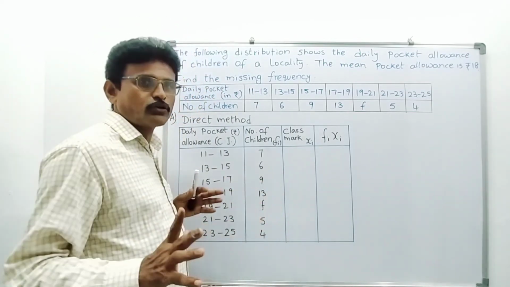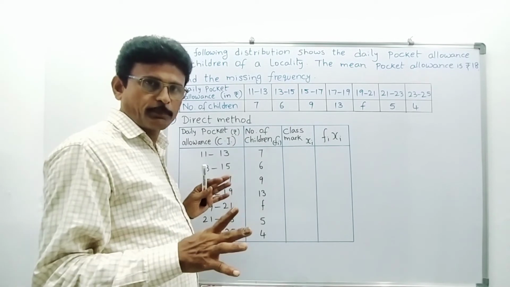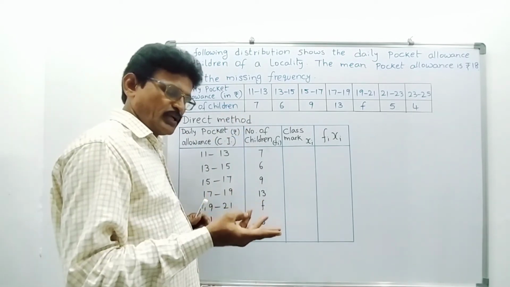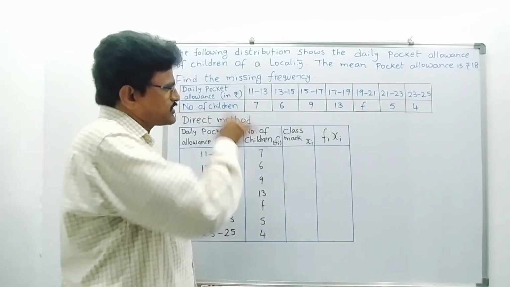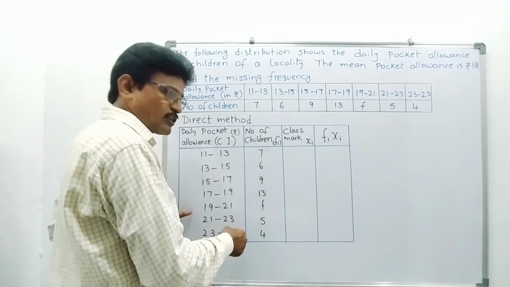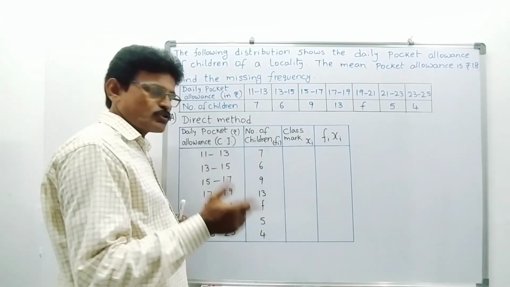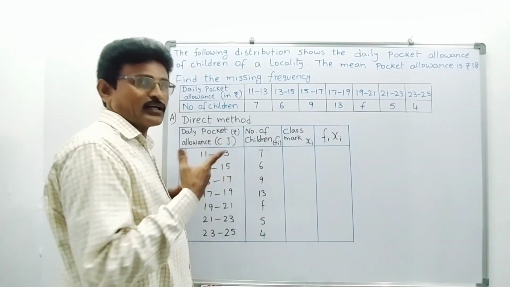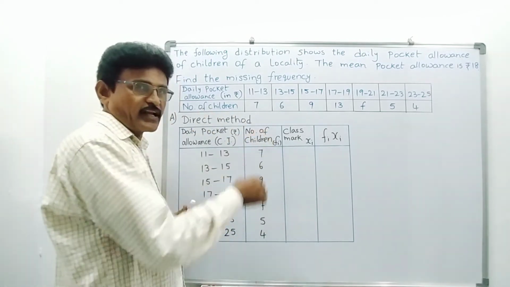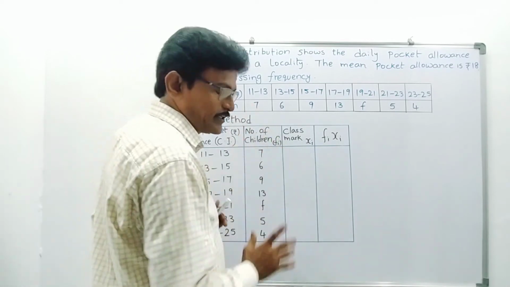So first of all, what do we have to do? The problem is given in horizontal rows; we have to immediately write vertical columns, whether it is mean, median or mode. First, write the horizontal rows as vertical columns. First one is the class interval. If you like, you can write daily pocket allowance, otherwise simply write class interval. You can write number of children, otherwise simply write f_i.